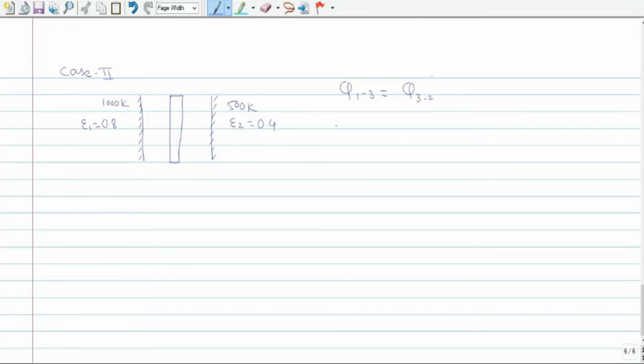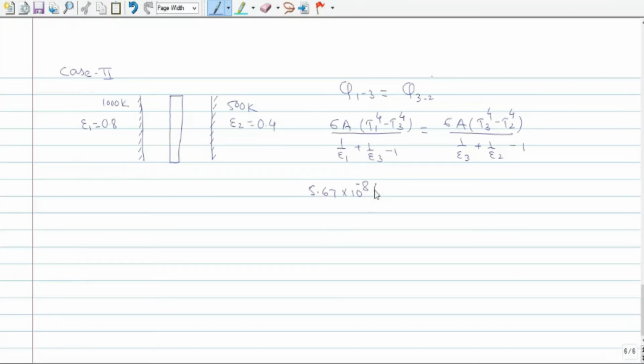So I can write over here, sigma into A into T1 to the power 4 minus T3 to the power 4 upon 1 upon E1 plus 1 upon E3 minus 1 equals sigma into A into T3 to the power 4 minus T2 to the power 4 divided by 1 upon E3 plus 1 upon E2 minus 1. So the area cancels out.